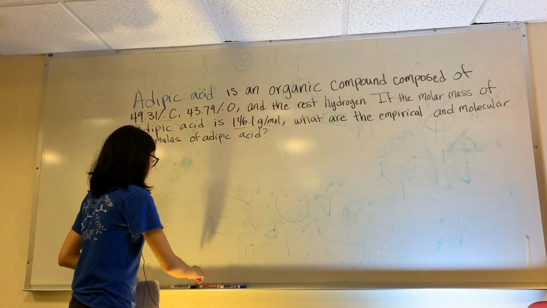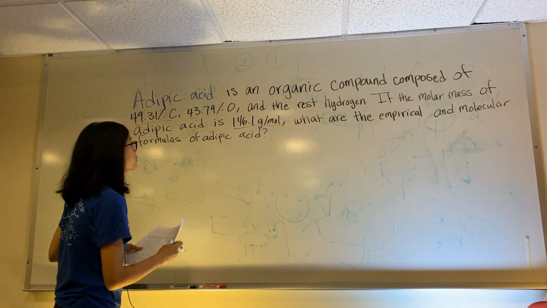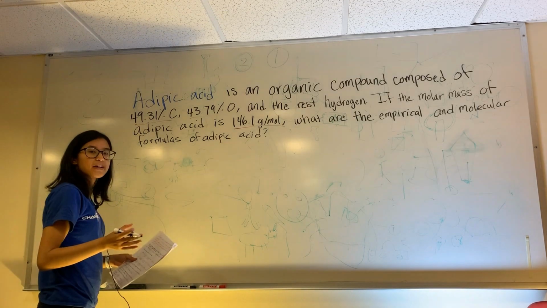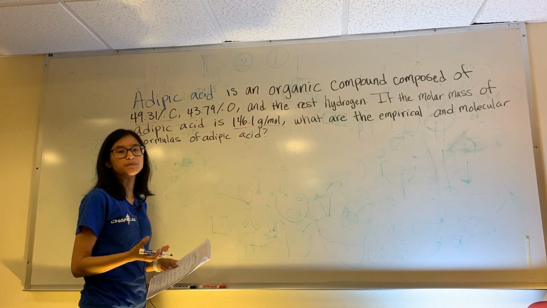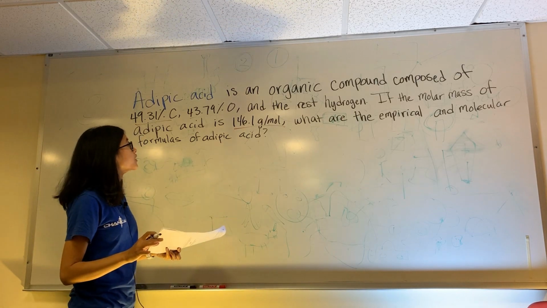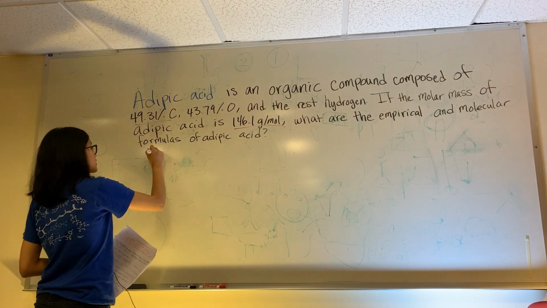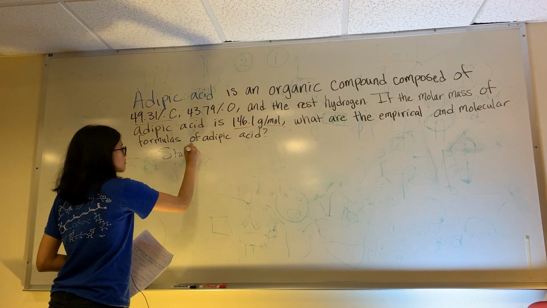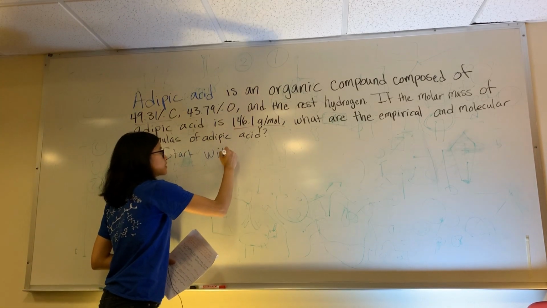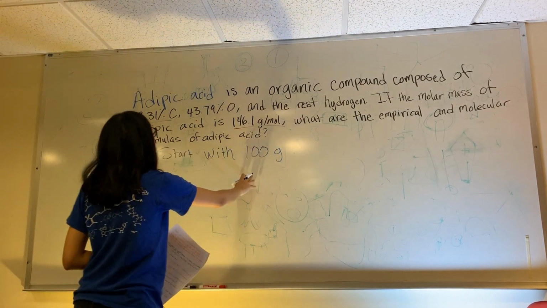This kind of problem you'll see come up a lot, where they give you mass percents of the compound. The very typical way to do it is to start by assuming you have 100 grams of sample. This gets rid of the percentages and gives you an easier number to work with in grams. So start with 100 grams of your adipic acid.